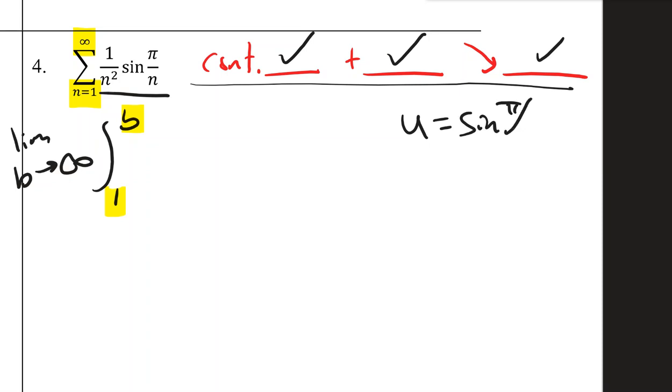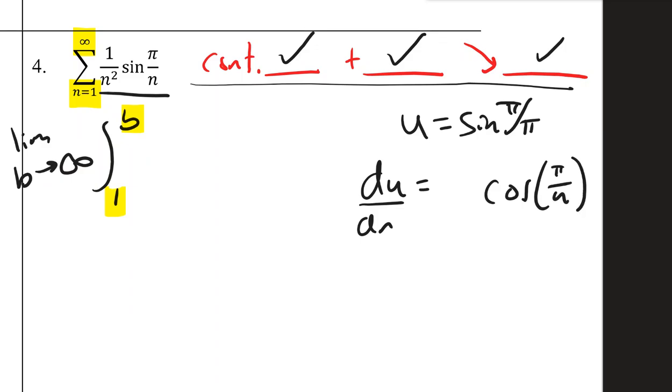Okay, so if you pick this to be your u, then du would be cosine of something times the derivative of pi over n, which would be, 1 over n is like n to the negative 1, which would also give you a negative over n squared. All right, but look, I can't ever make this substitution.